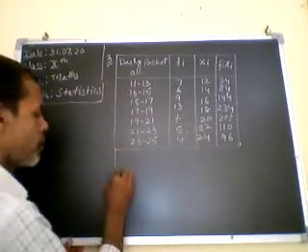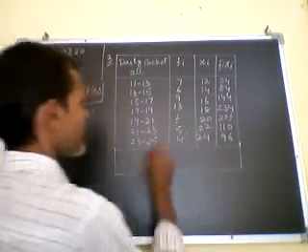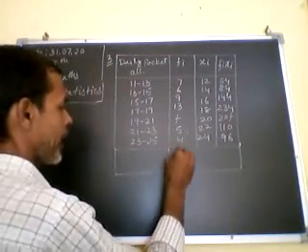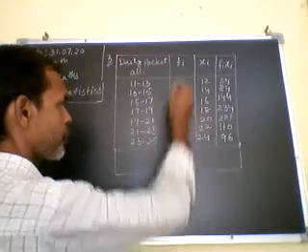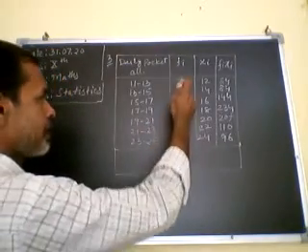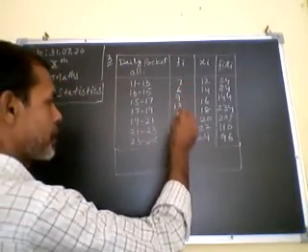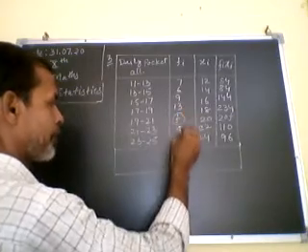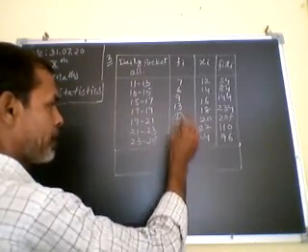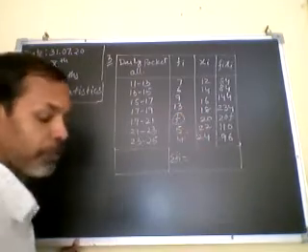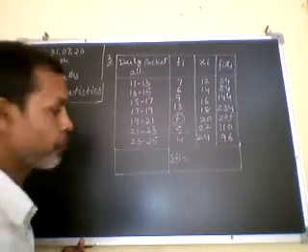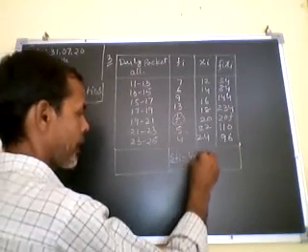Now sigma fi, the summation of the values: 7 plus 6 plus 9 plus 13 plus 5 plus 4, except f. The sum of the numbers is 44 plus f.